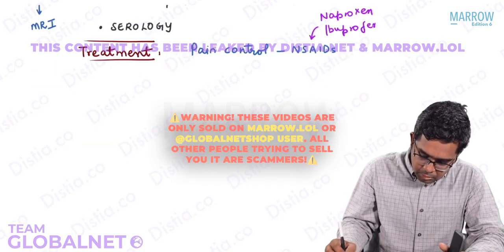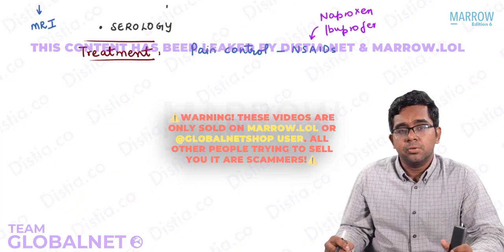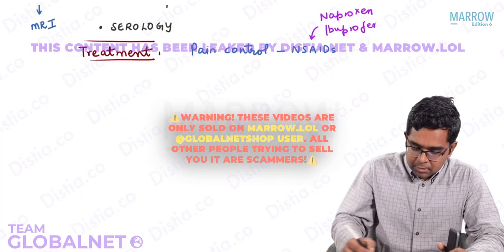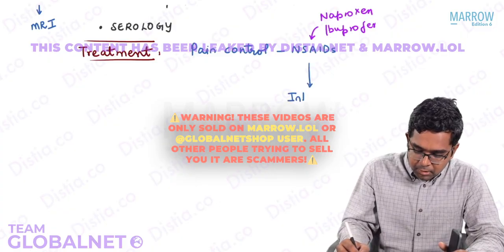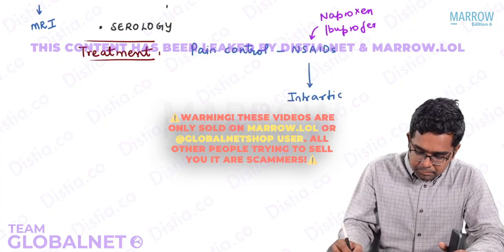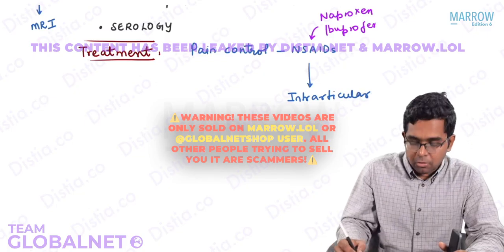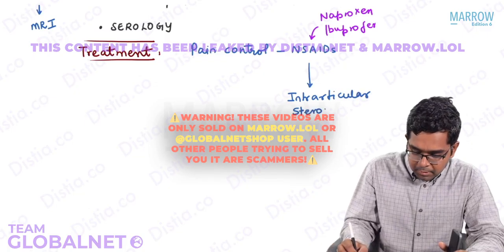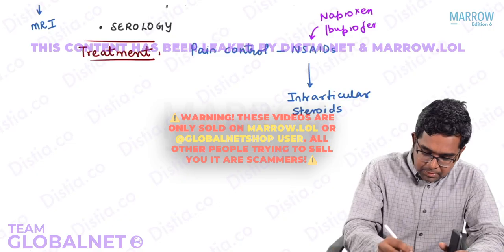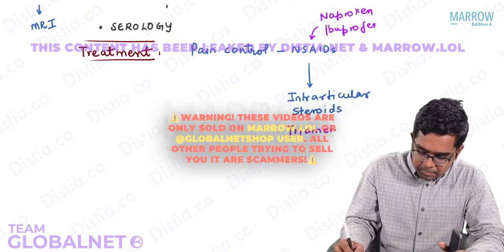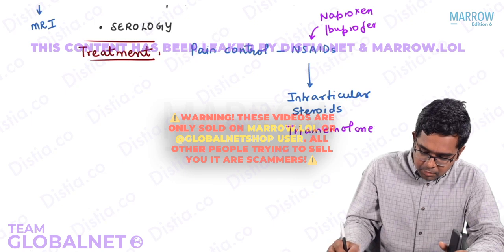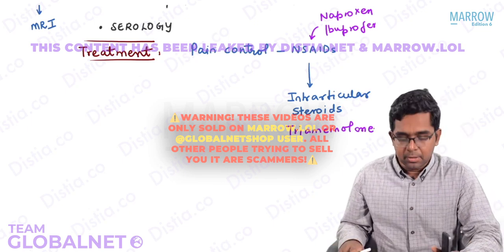Usually they are the agent of choice to control pain in arthritis. Suppose the pain is not controlled with NSAID alone, then you can give intra-articular injection of steroids. And the usual steroid for this purpose is triamcinolone. So the main thing is regarding the pain control.